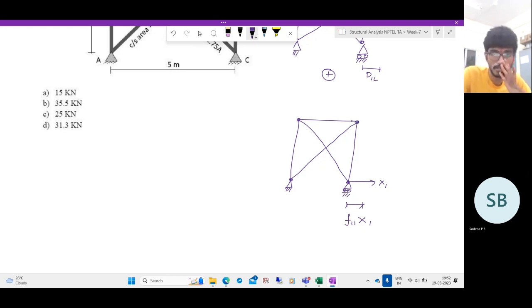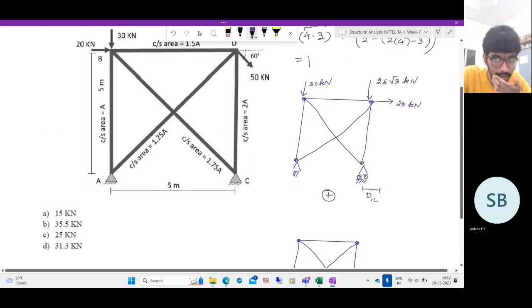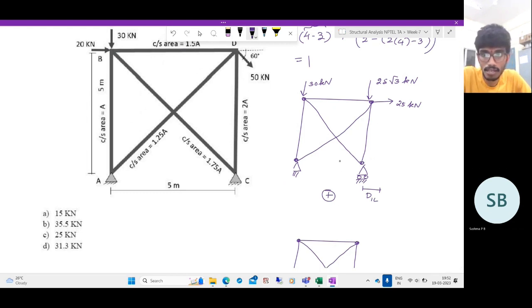Now let us solve the two structures. We can start anywhere. The first step is as usual to determine the unknown support reactions.